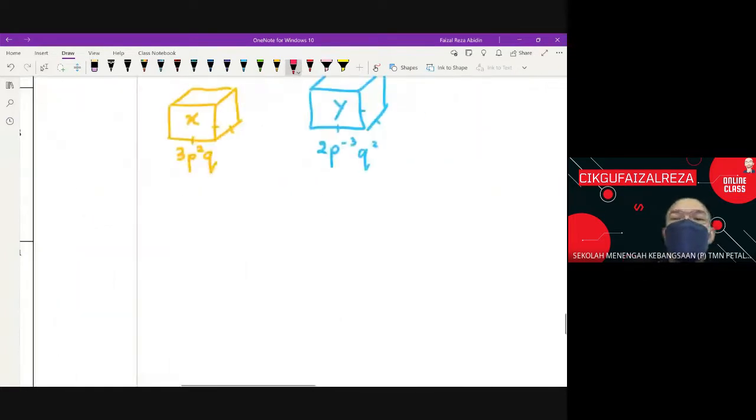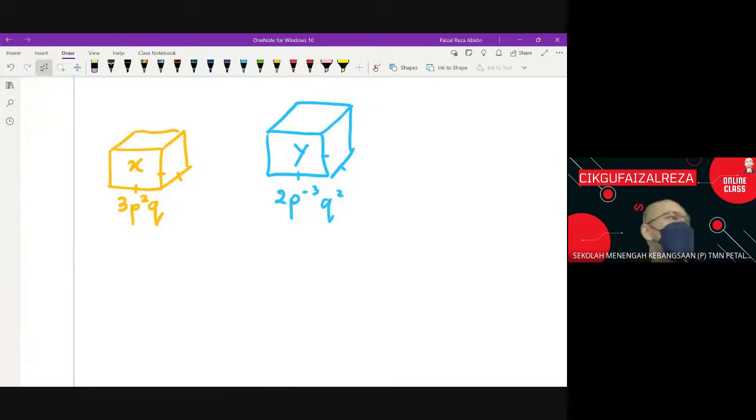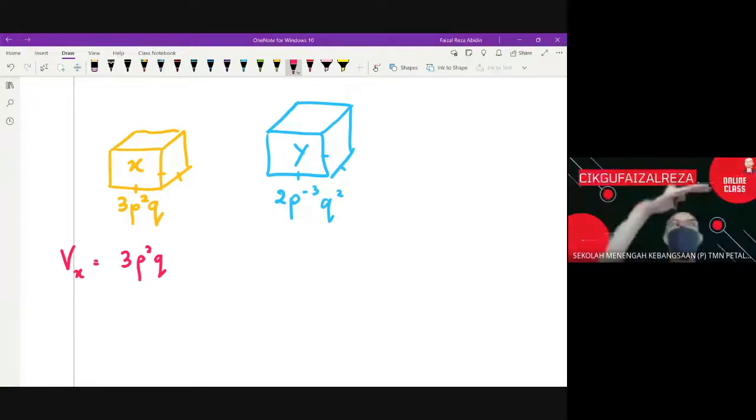So if you look over here, can I find the volume for X first? Volume for X. How to find volume? 3p square q. Length times width times height.